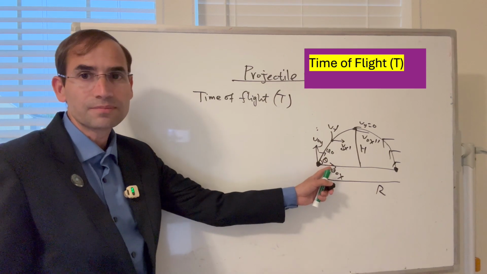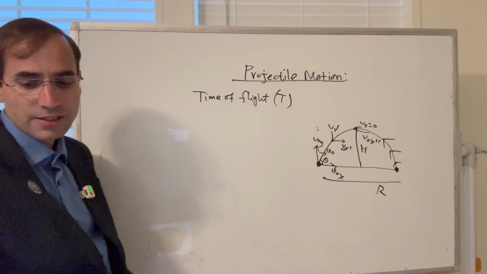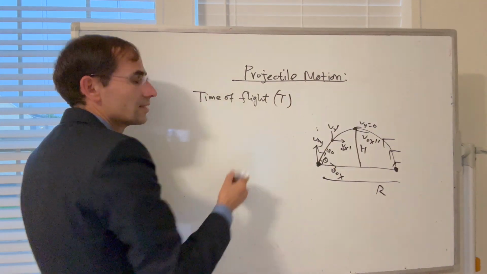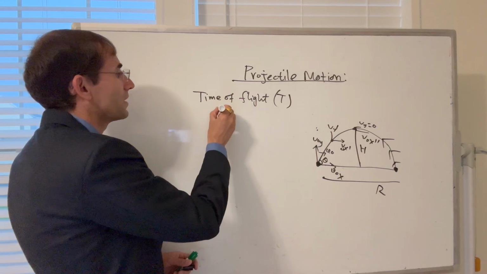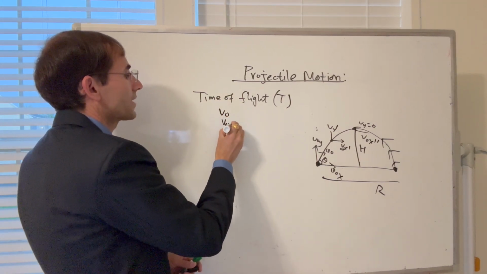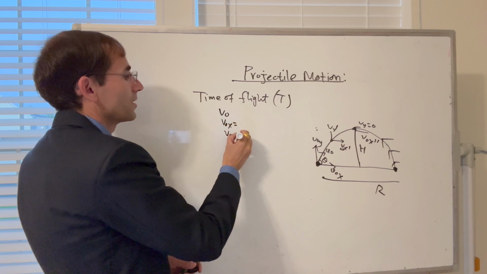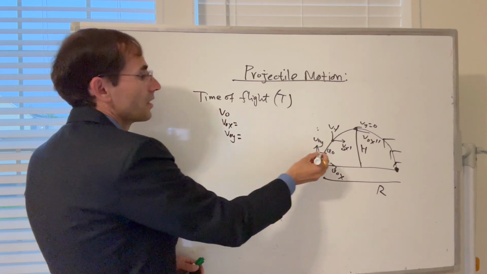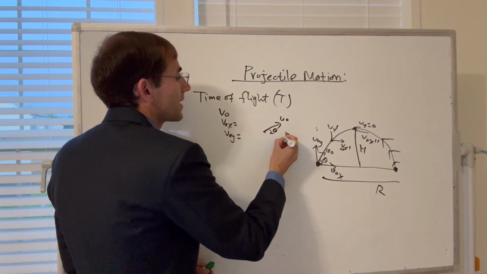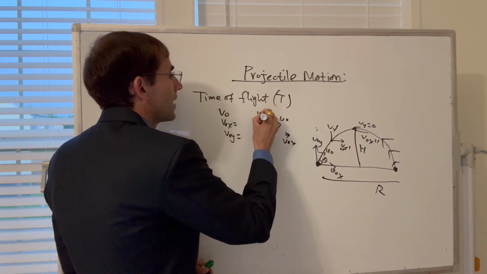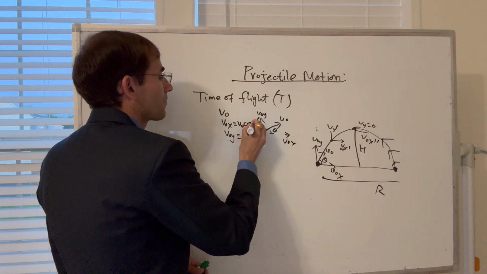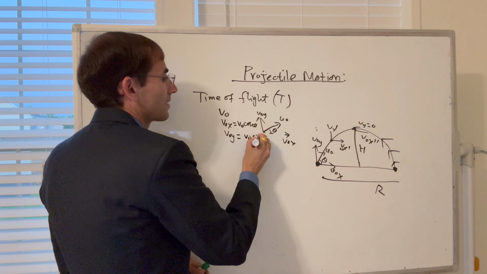Suppose it takes time t, and the initial velocity is v naught, with vox and voy the horizontal and vertical components. If this is v naught making angle theta, then using trigonometry, vox is v naught cosine theta, and voy is v naught sine theta.